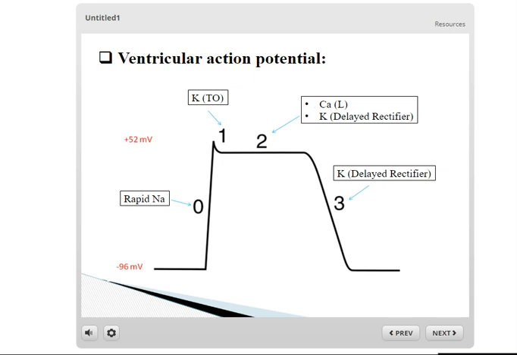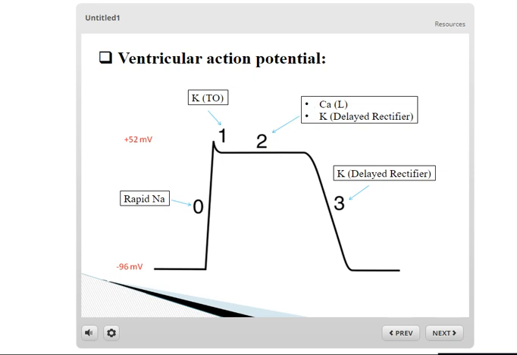The depolarization activates voltage-gated calcium channels, allowing calcium to enter the cell. This sustained calcium influx, along with the inactivation of the sodium channels, and the gradual activation of the voltage-gated potassium channels that starts with the depolarization.